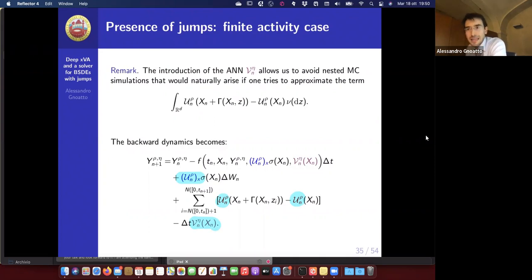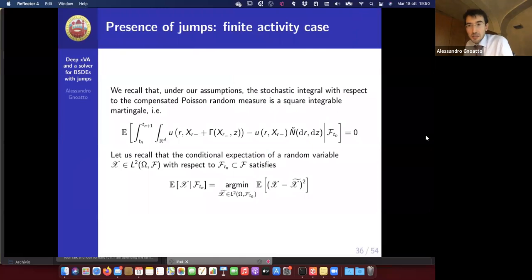So how do I estimate the optimal parameters of the second family of neural networks? This is the big issue. If you think closely, you just have to remember that the stochastic integral with respect to a compound Poisson measure is a martingale. So the expectation of each of these terms here should be 0.